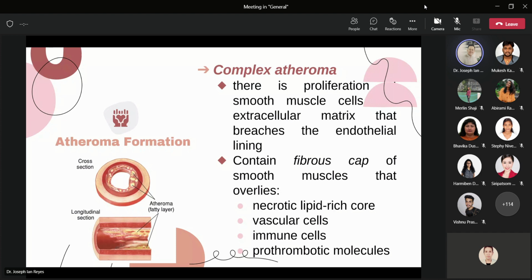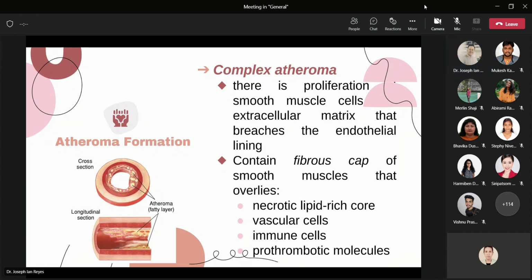There is a proliferation of the smooth muscle cells in the extracellular matrix that breaches the endothelial lining. That would be the damage. Then it contains a fibrous cap of smooth muscle that overlies a necrotic lipid-rich core, vascular cells, immune cells, and prothrombotic molecules. Those are the components of your atheroma complex.